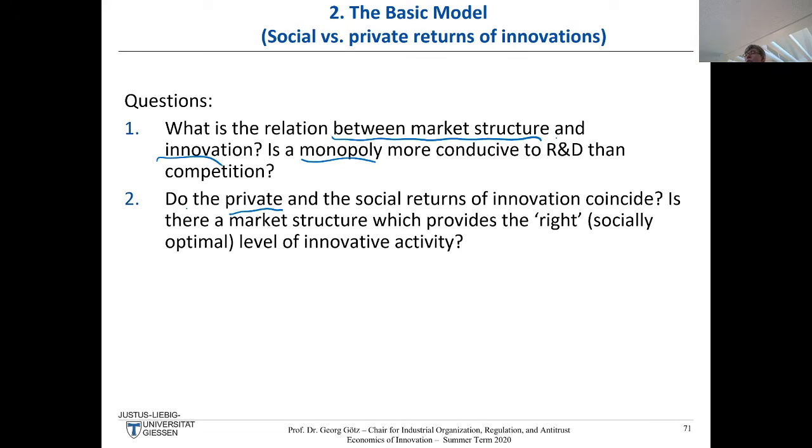What you saw there was that the social returns are typically much higher than the private returns. So we would expect underinvestment in R&D, and we look into how the different market structures do in terms of providing the right incentives, and therefore leading to the socially optimal level of innovative activity.